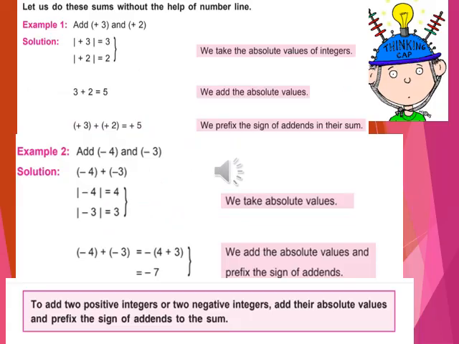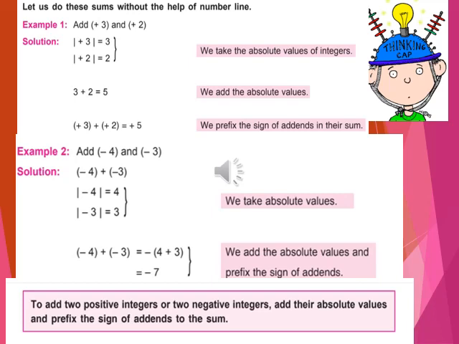Let's solve some more problems without the help of the number line. See here, add plus 3 and plus 2. Take the absolute values of 3 and 2. Absolute values of integers are always positive values. So the absolute value of plus 3 equals 3 and the absolute value of plus 2 equals 2.